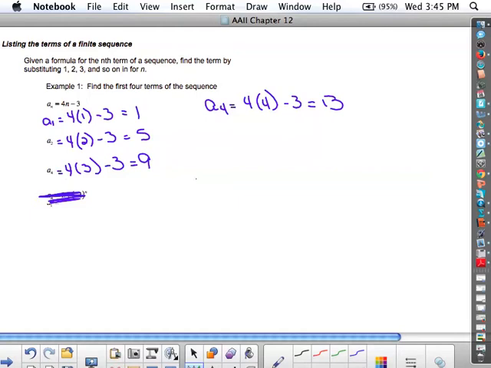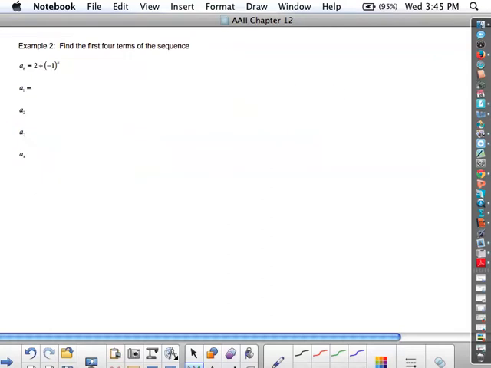So all you're doing is substituting the value in for n, listing the terms. Then you substitute into the formula so that you can get the value of the fourth term, fifth term, sixth term, whatever term you're looking for.